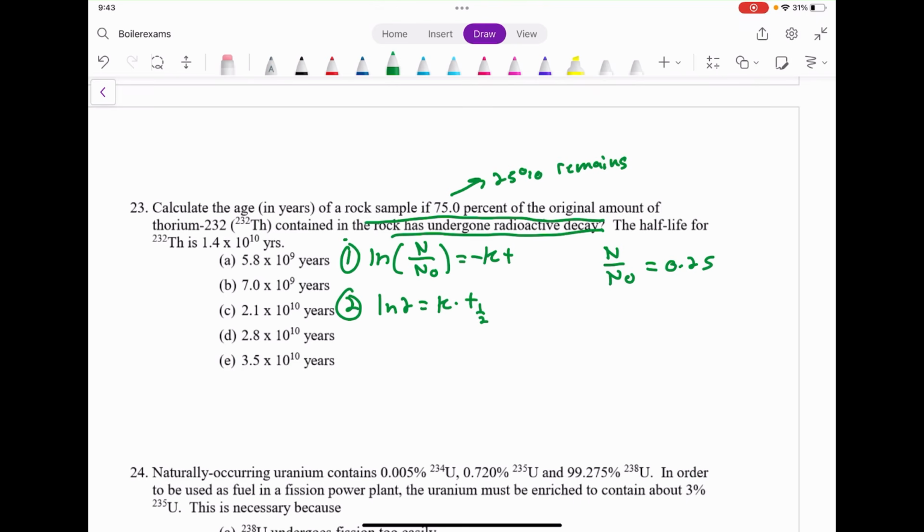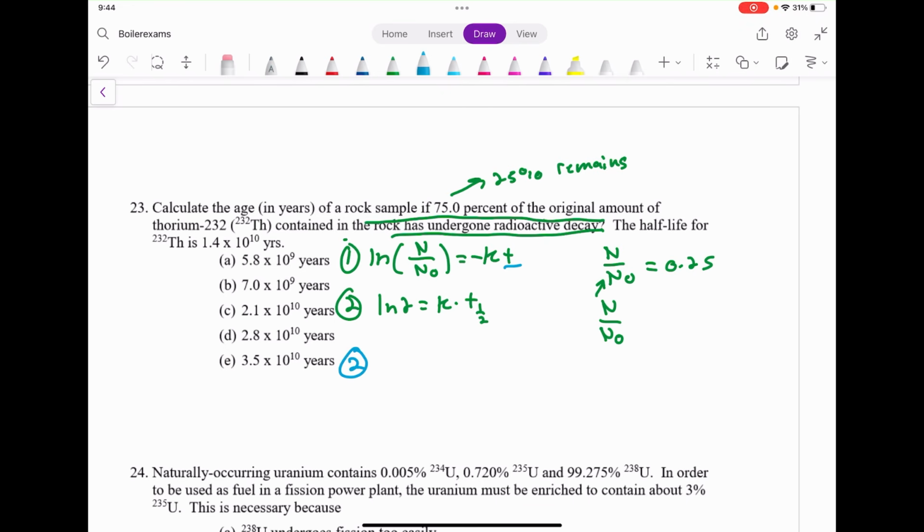And percentage remaining is the same thing as saying the ratio of what is there now compared to what was there initially, AKA this ratio, which is what we're going to plug into the parentheses. And we want the age, which is going to be t. So we're probably going to have to solve equation 2 first to get our rate constant.